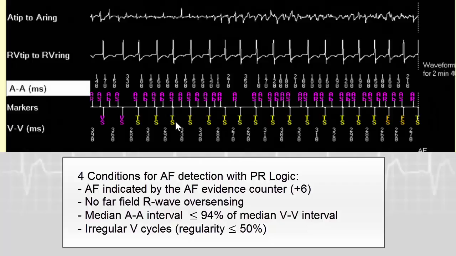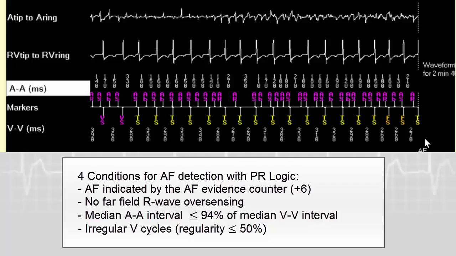The way it is analyzed is completely different than for a single lead ICD, and it's going to be based on an analysis of the regularity of the last 18 ventricular cycles. If the regularity is less than 50%, then the diagnosis is going to be conducted atrial fibrillation, like in this patient.